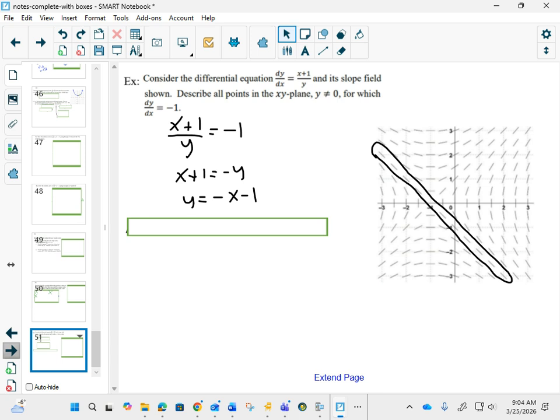Y can't equal 0 because, of course, then that derivative doesn't exist. And so just rearranging it, it is the line y equals negative x minus 1. All the points on that line, except for where y is equal to 0, because it doesn't exist.